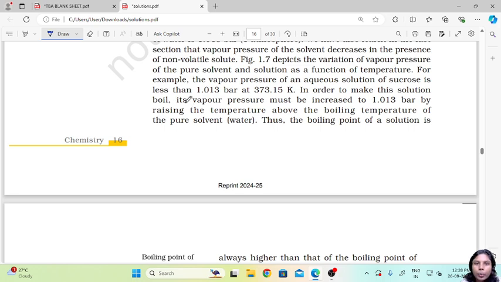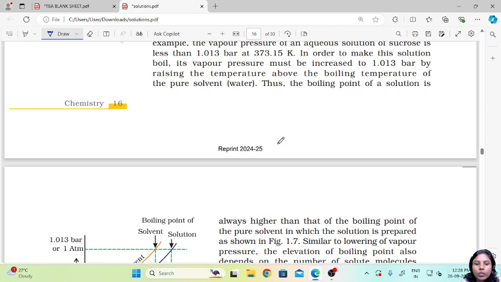In order to make the solution boil, we will have to raise the vapor pressure to 1.013 bar by raising the temperature above the boiling point of the pure solvent, that is water. So the boiling point will cross 100 degrees, and we will have to heat it more so that the solution of sucrose in water starts to boil.